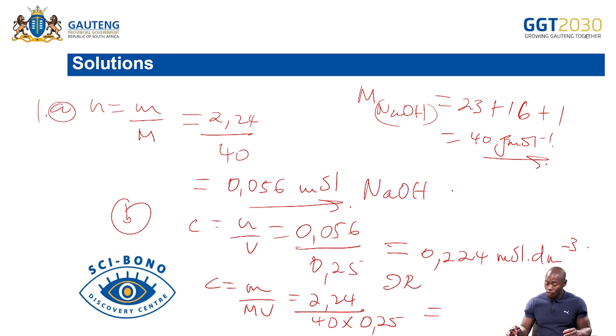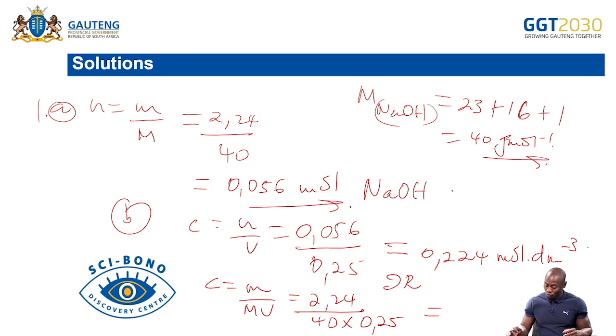So let's check. 2.24, right? Divide that by 40 times 0.25. 40 times 0.25 is 10.